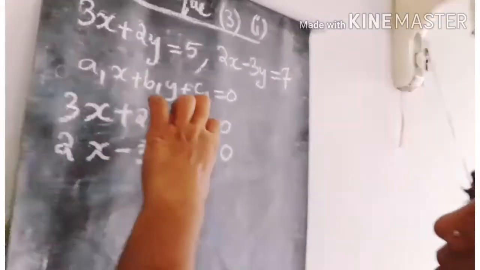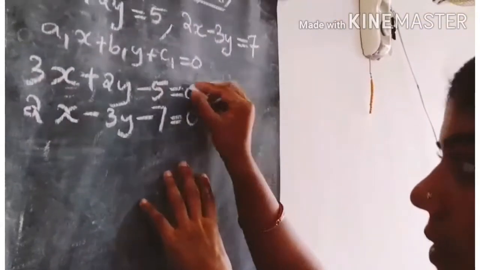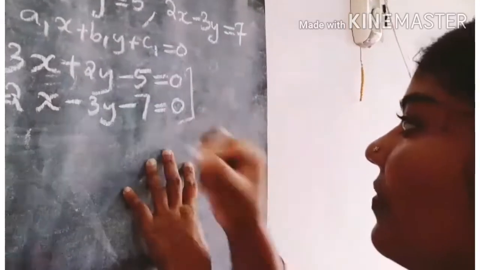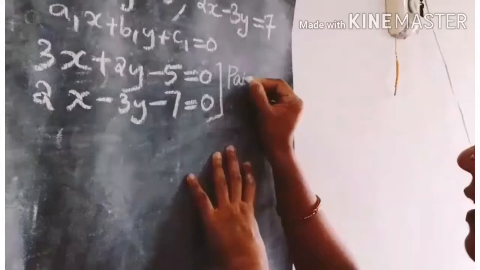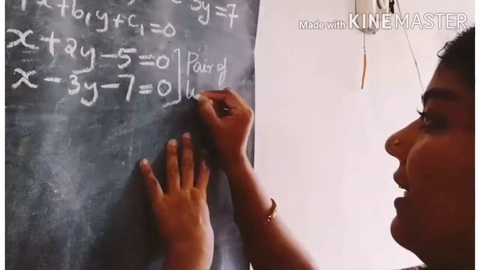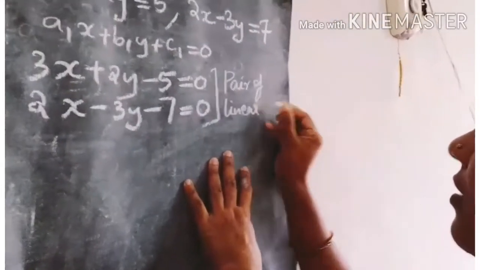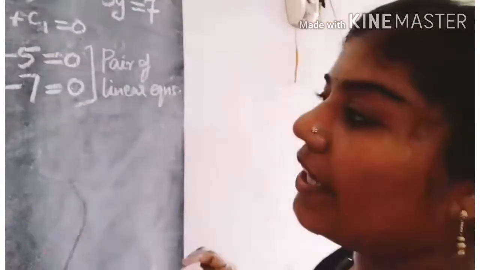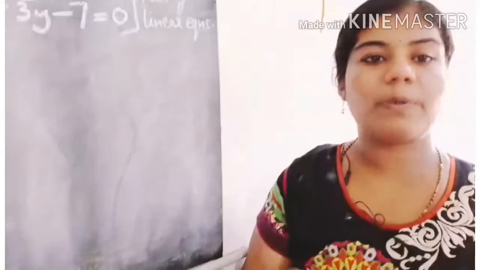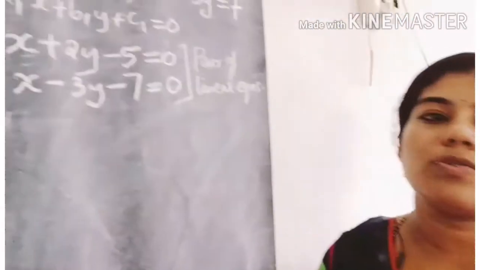So now we got our pair of linear equations. Now we are finding what A1, B1, C1 and A2, B2, C2 are.